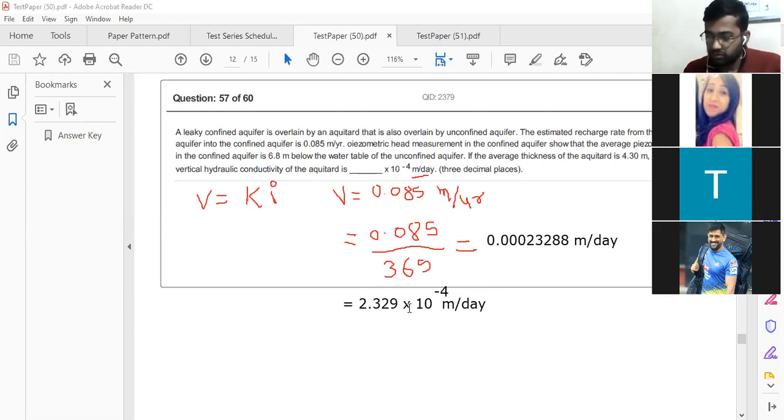Now gradient. So calculate gradient: 6.8 divided by 4.30.